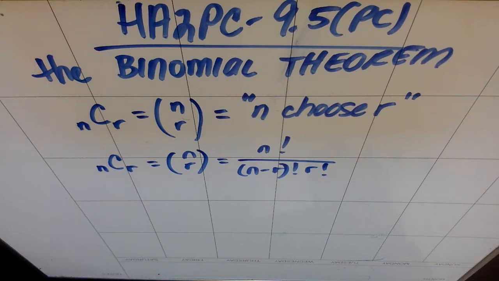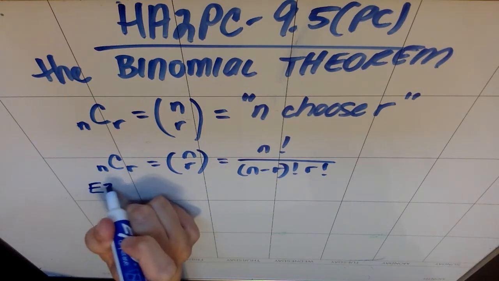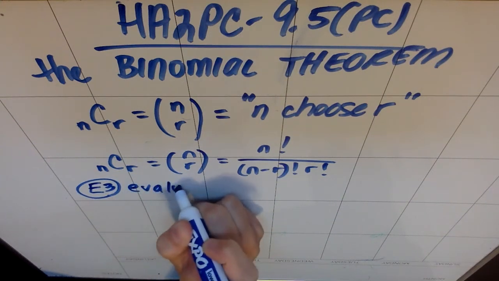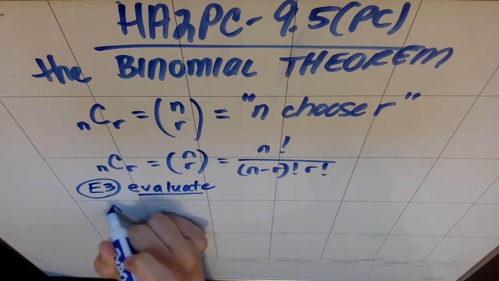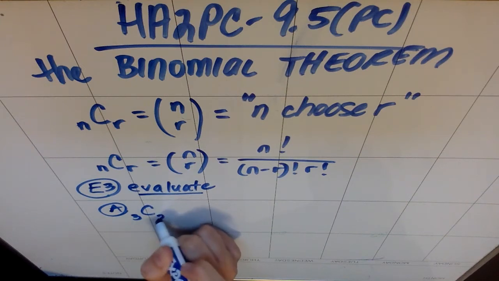All right, so let's walk through an example using n choose r. We're going to evaluate a couple of these just to make sure you get the concept of how it works. So this is our example 3, right? We're going to evaluate a few of these, and I'm going to show you how to evaluate them in a calculator too, although for smaller numbers, they're not awful to do by hand. So in A, we're going to do 3 choose 2.